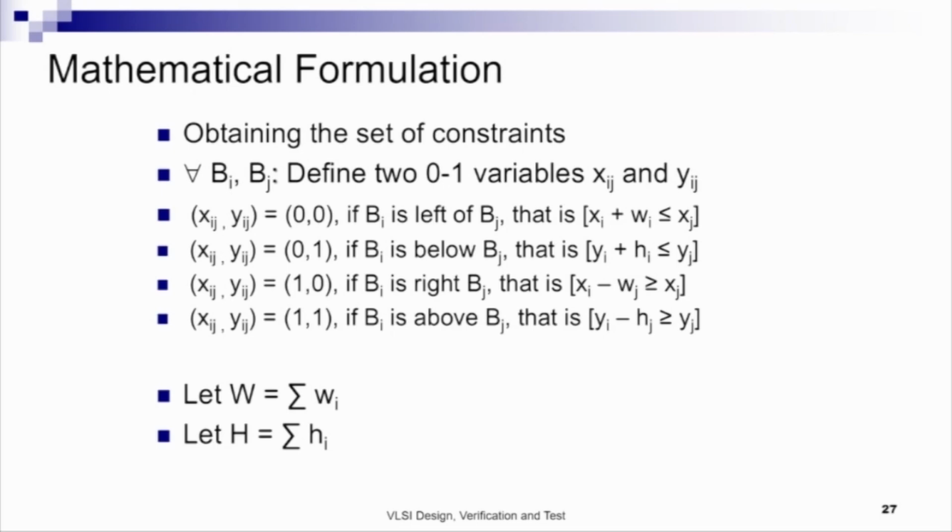That is, if the first constraint Xi plus Wi less than or equal to Xj is what we need to ensure, we will keep Xij, Yij equal to 0, 0. Xij, Yij equals 1, 0 if Bi is below Bj. Xij, Yij is 1, 0 if Bi is to the right of Bj, and Xij, Yij is 1, 1 if Bi is above Bj, right?